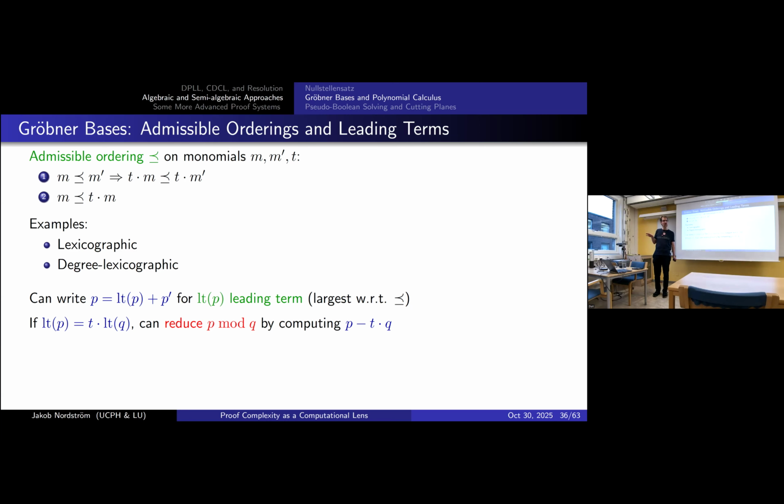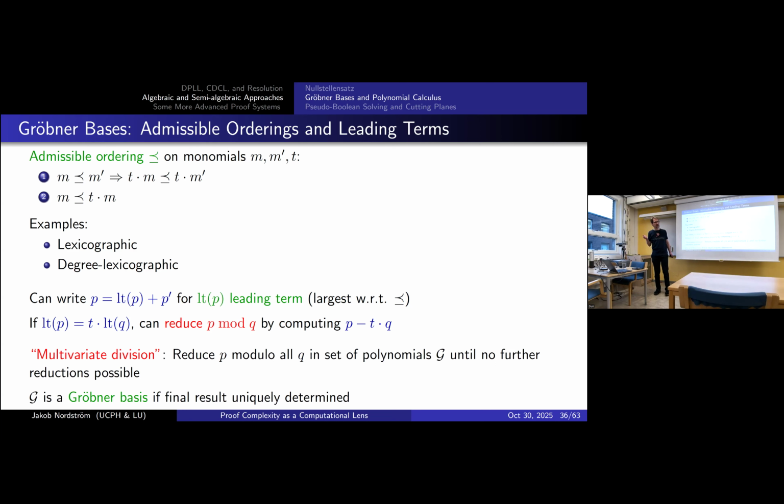Note that this will remove the leading term of P. And what I meant by multivariate division is: if you have a polynomial P and a set of other polynomials G, then you take P, and if there is a polynomial in G whose leading term divides the leading term of P, then you reduce.